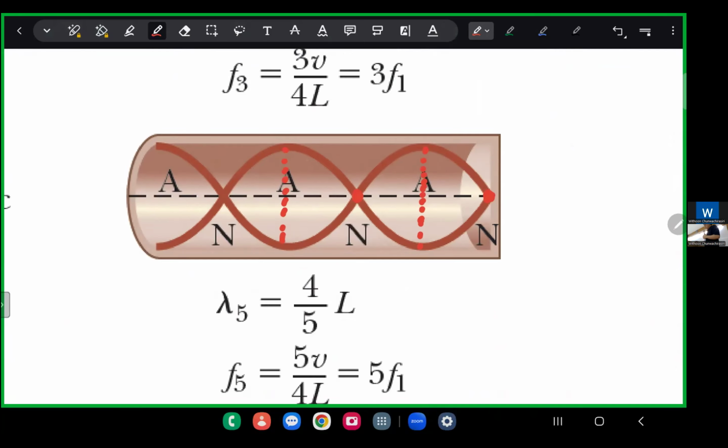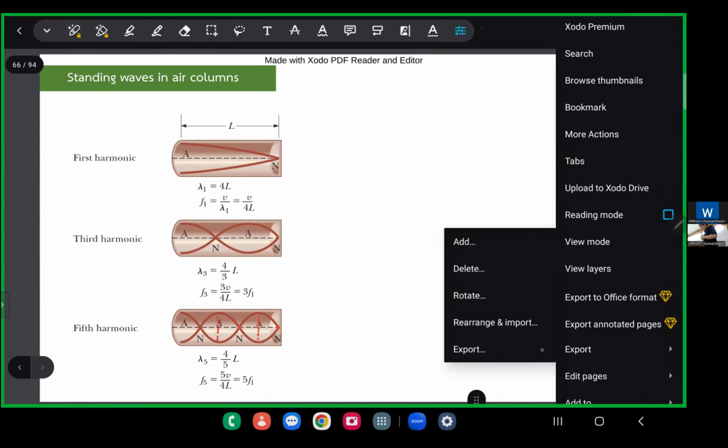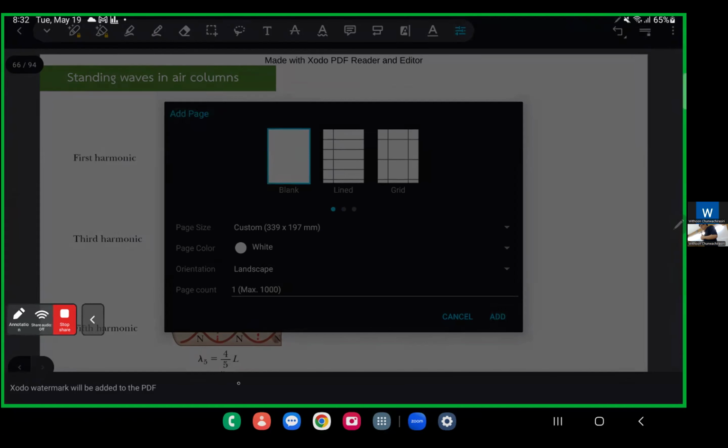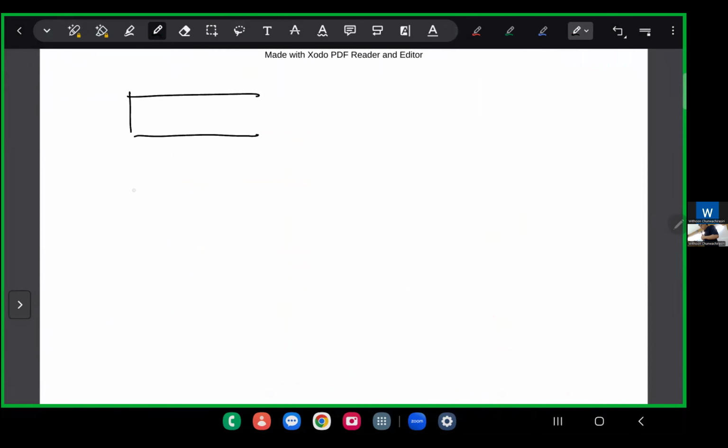Okay, so the best way to learn this, I think we're going to try to do this together. And we are almost done because we already went through those complicated sine and cosine functions. So what I'm going to do is, let me draw those closed air columns, one end closed, one end open like this, 3 of them.